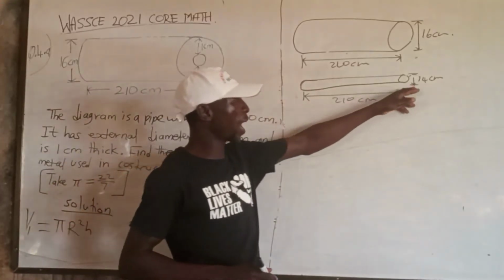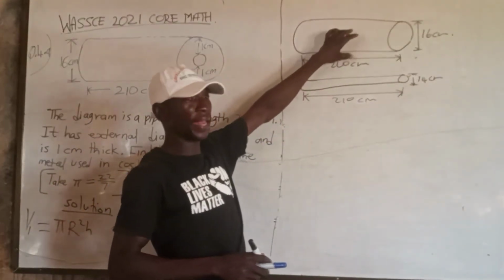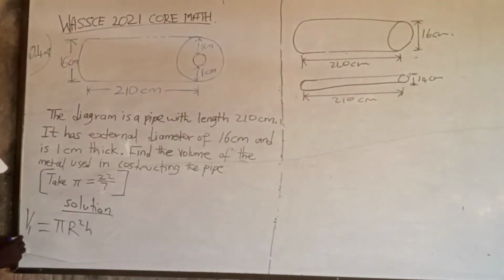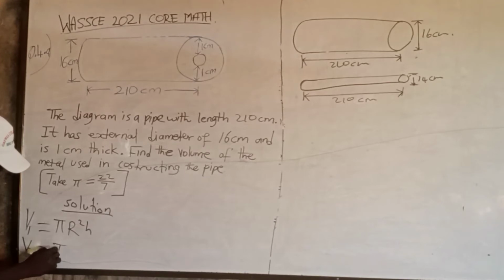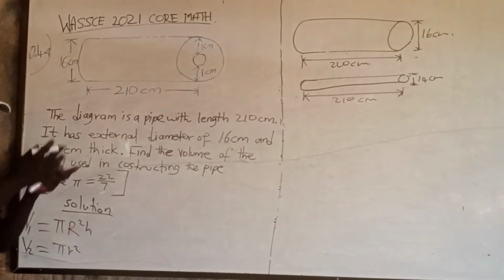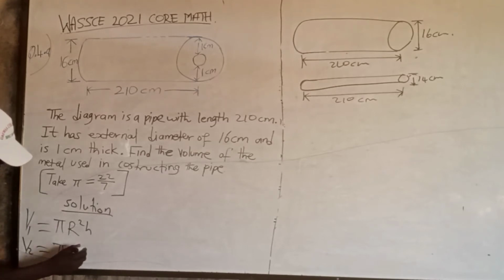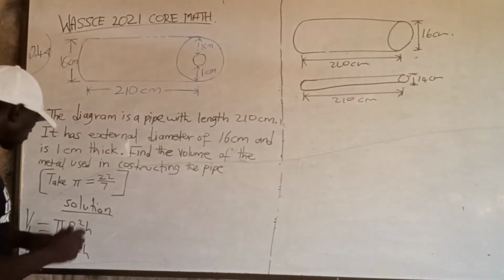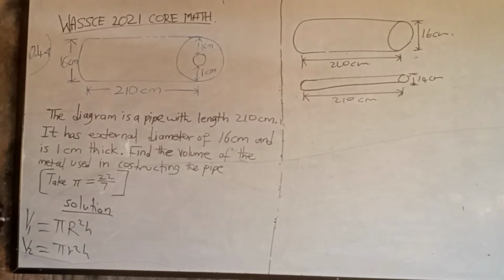Here we're going to have small r and then a bigger R. V2, which stands for the smaller cylinder, equals pi r squared h, where r stands for the radius of the smaller cylinder and h is the height. Now we're going to take the volume of the bigger one minus the volume of the smaller one.